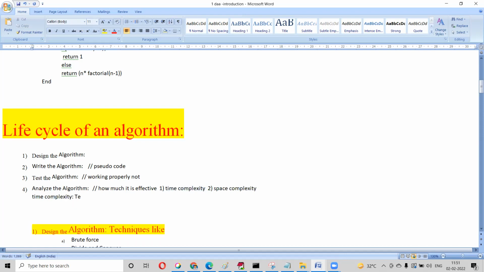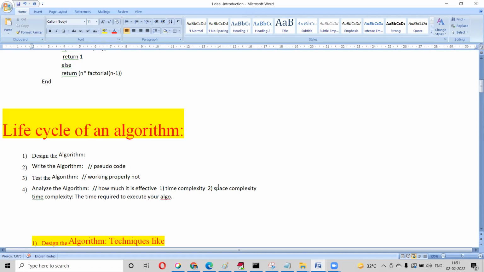Whereas the space complexity is nothing but the space or memory requirement, the memory requirement to run your algorithm.